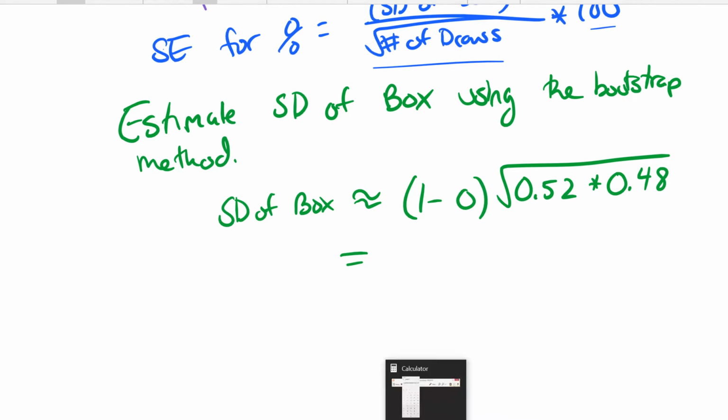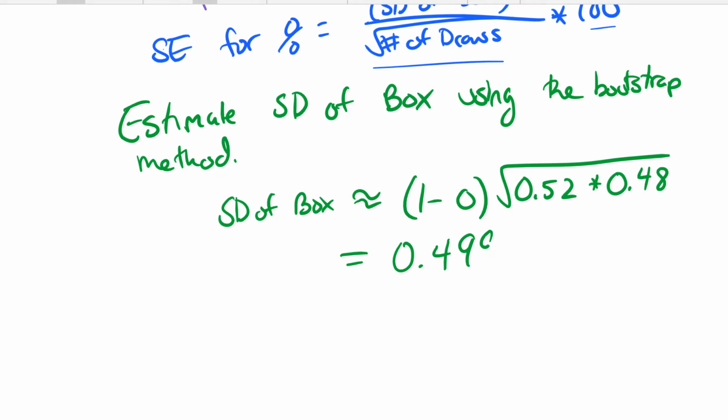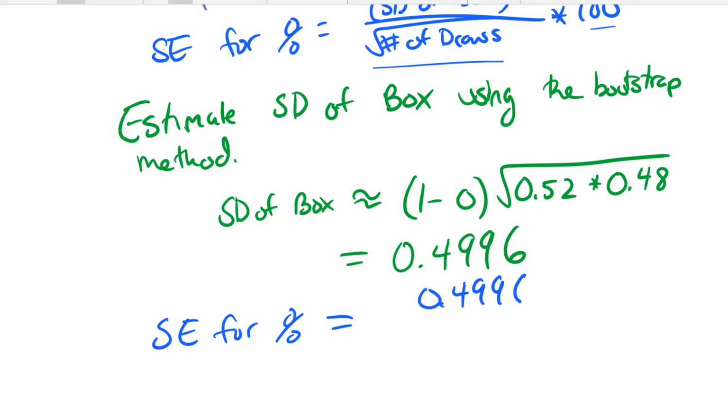So let's plug that into the calculator. 0.52 times 0.48, take the square root, and that's 0.4996. Now we're ready to calculate the SE for percent. Again, this is an estimate because we don't know the percentage of 1s and 0s in this box.